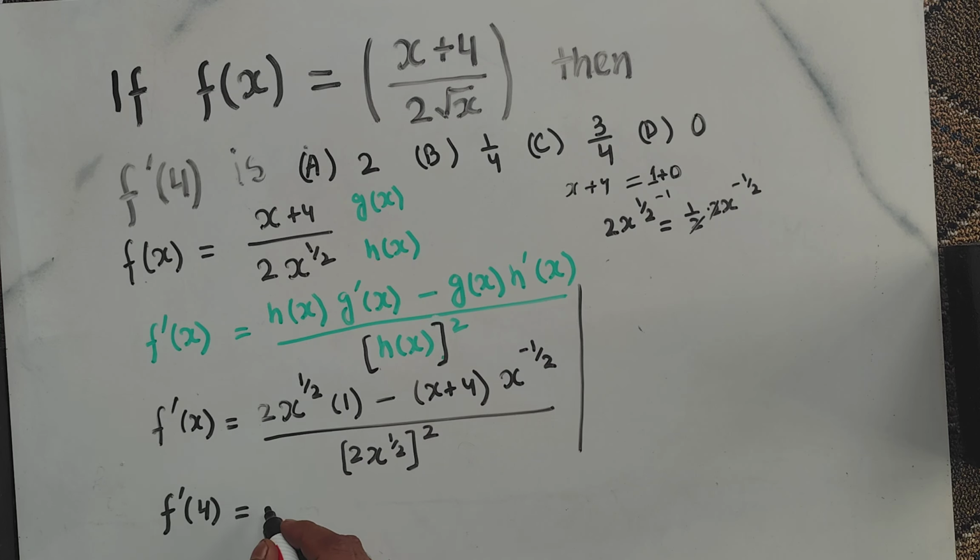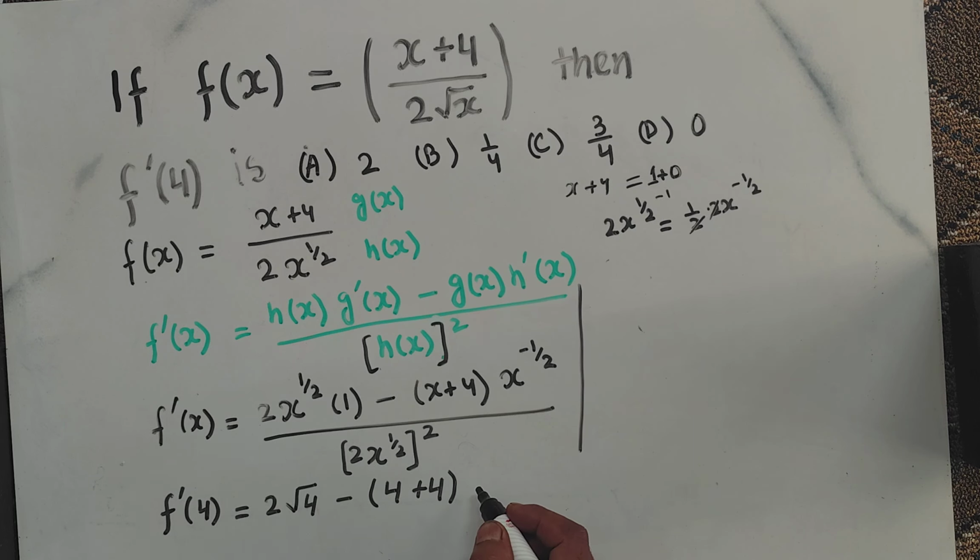So we have 2 under root, the value of x is 4, minus, then here it is 4 plus 4, because x is 4, then we have x raised power negative 1 upon 2. Let's write it in this fashion: x raised power negative 1 upon 2 can be written as 1 divided by x raised power 1 upon 2, so it becomes under root 4 here.